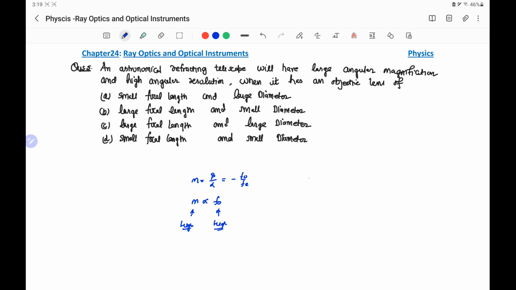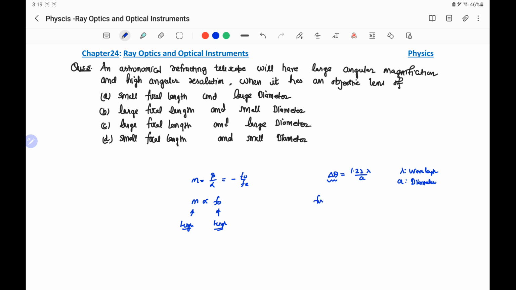Similarly, for angular resolution, we know that the angular separation delta theta is equal to 1.22 lambda by A, where lambda is the wavelength of the light used and A is the diameter of the objective lens. In terms of angular resolution, for higher angular resolution this delta theta should be smaller.